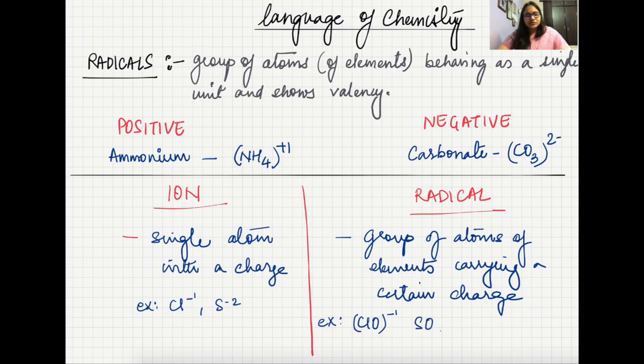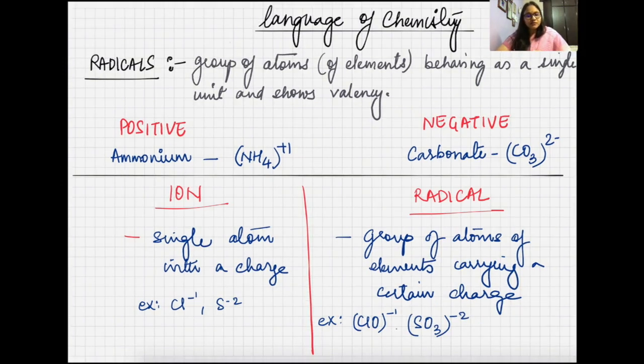Radical examples could be chlorate, ClO3-1, or hypochlorite, ClO-1. With sulfur, you could form sulfite and sulfate. Sulfite is SO3 with a charge of -2 and sulfate is SO4 with a charge of -2. So these are examples of radicals and ions. I hope the differentiation is clear between the two.